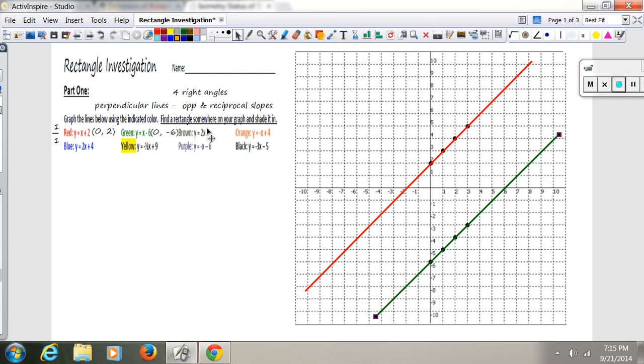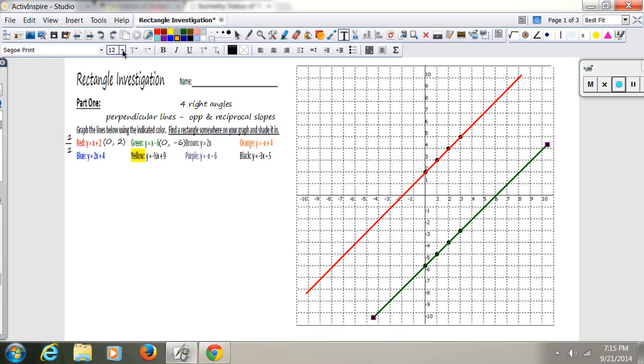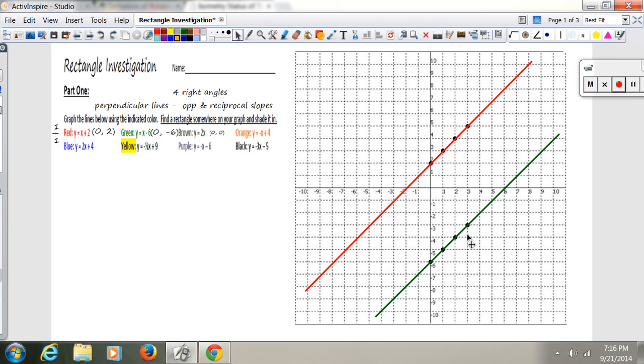Okay, the next one is the brown one. I'm going to make these a little smaller. This one doesn't have a plus number, so we could actually put a plus 0, which means really we have the point 0, 0. So 0, 0, that's where we're going to start on this one.